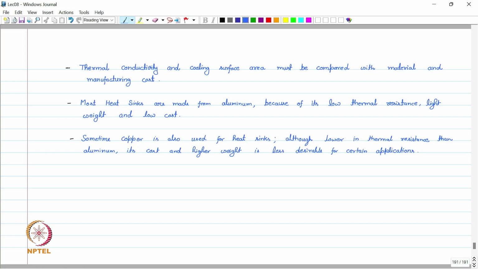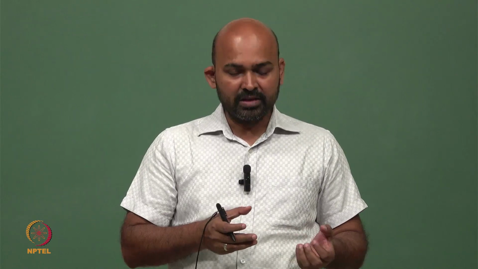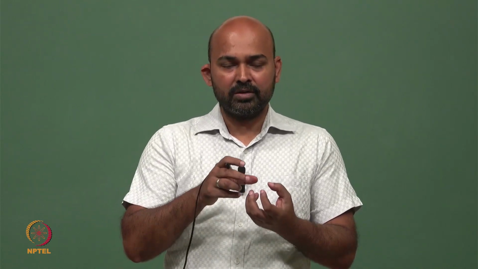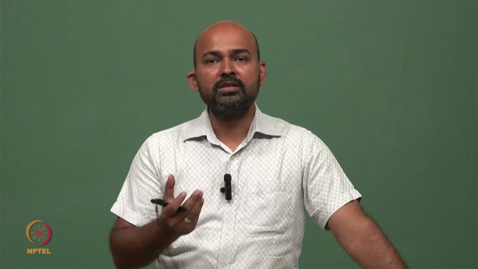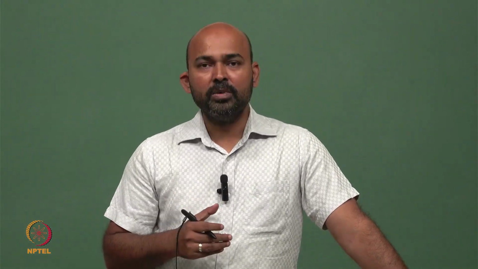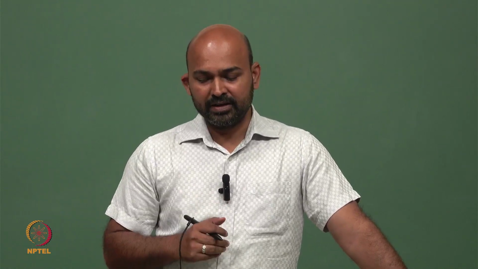So we have heat sinks which need to be designed. Before designing we need to consider certain aspects. For example, the thermal conductivity of the material. What material we are using for making these heat sinks should be chosen carefully, and the thermal conductivity and how much cooling surface area there is need to be compared before designing a heat sink, and that also should be considered along with the material and the manufacturing cost of the heat sink.